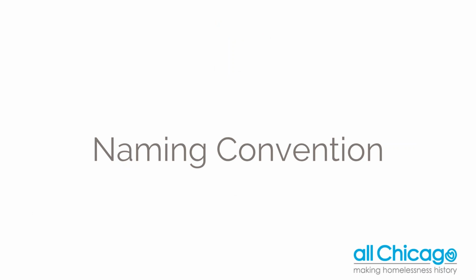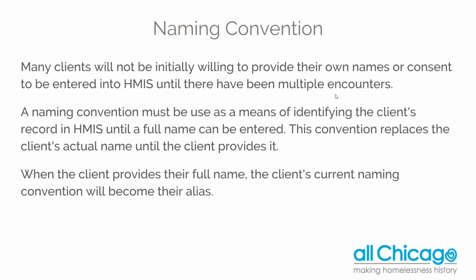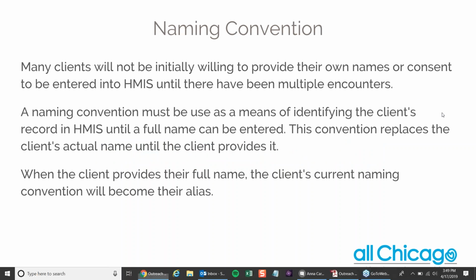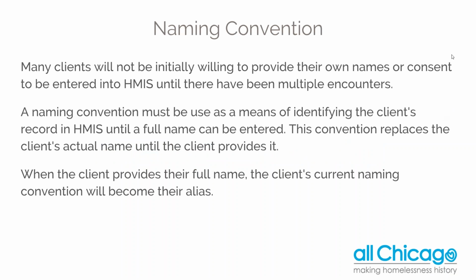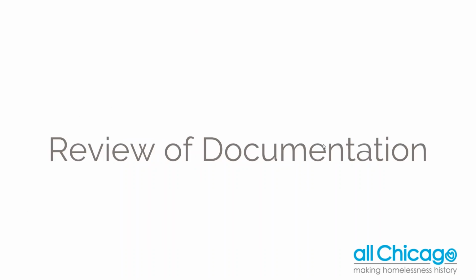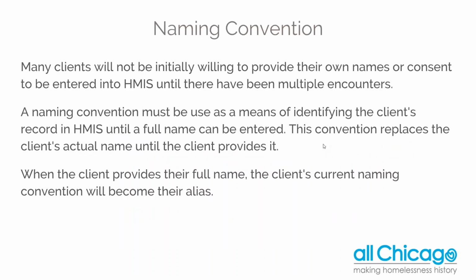So let's talk a little about the naming convention. Clients sometimes aren't crazy about giving their full names out to you. And in the instance of encountering a client for the first time, we still want you to be able to get credit for encountering a client and talking with them, even if they didn't give you a name.